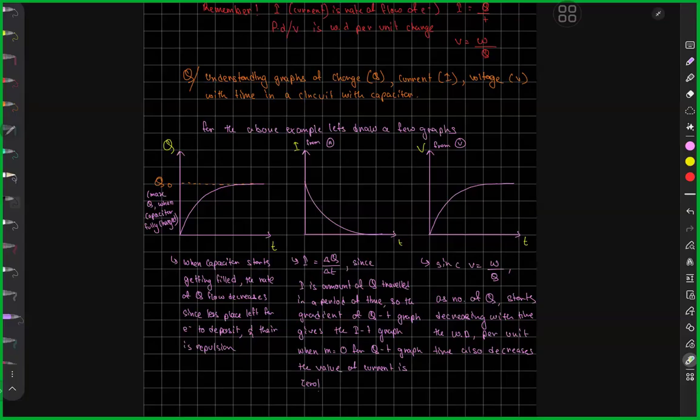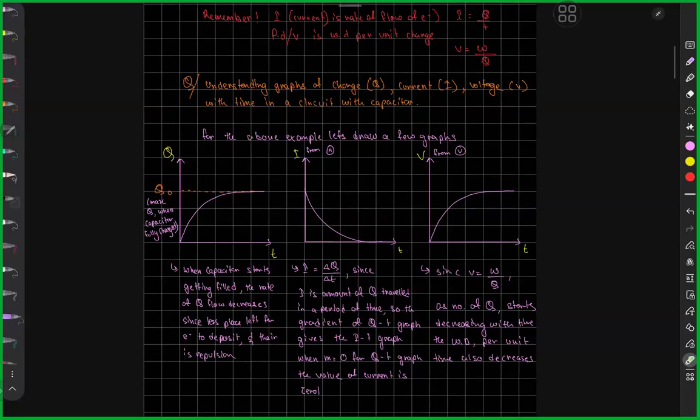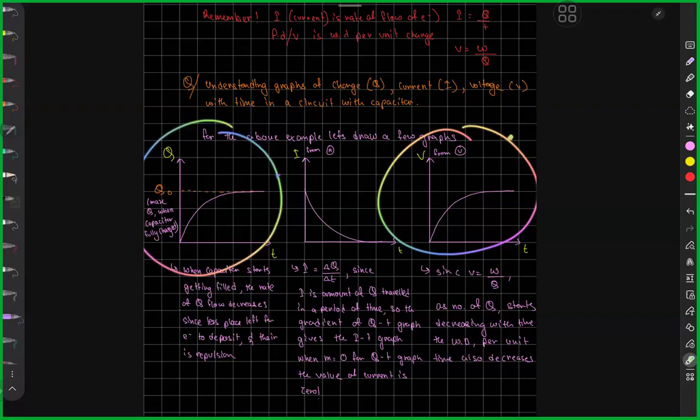It's in proportion. So as I increase the voltage supplied, the charge accumulated also increases. Both charge and voltage are in proportion. This shows how the voltage increases at the capacitor with respect to time, and this shows how the charge gets accumulated at the capacitor with respect to time.